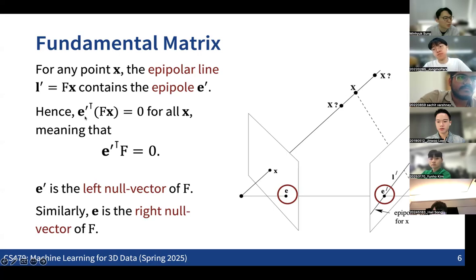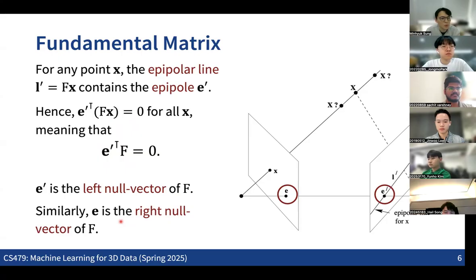Which means that the dot product between the epipole coordinates and F x should be 0, regardless of the choice of x here. So the epipole should be the left null vector of F, and the epipole of the other image can also be obtained as the right null vector, right?